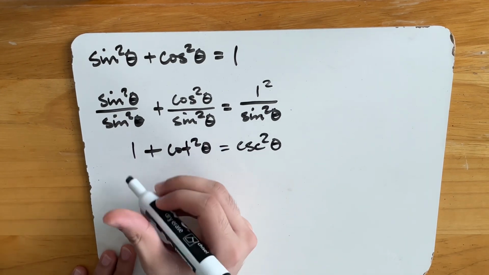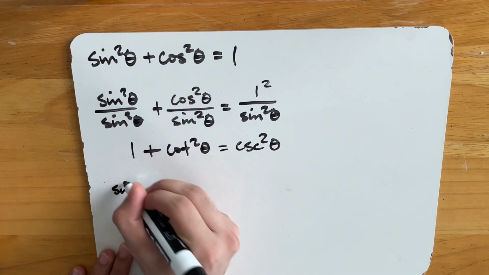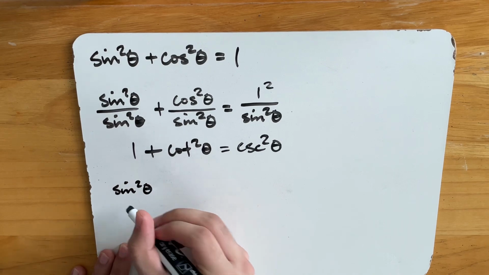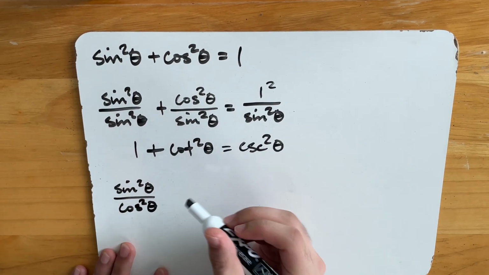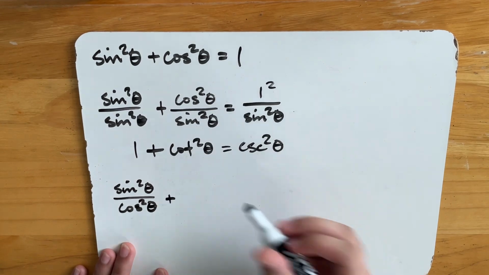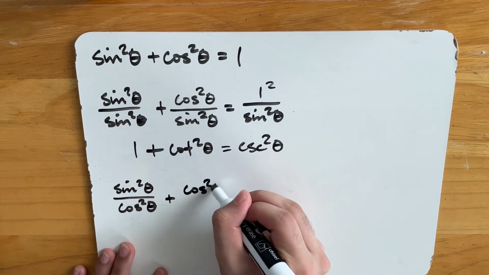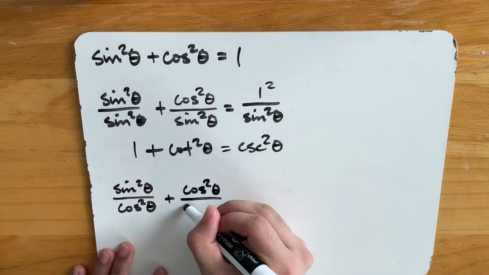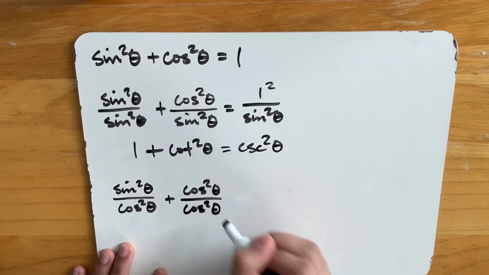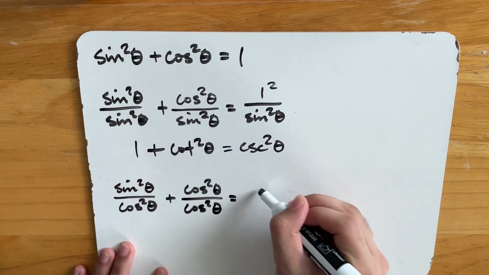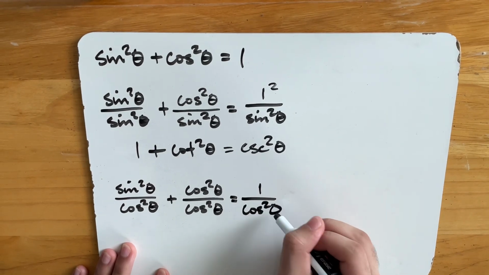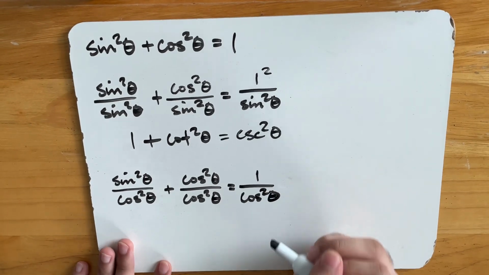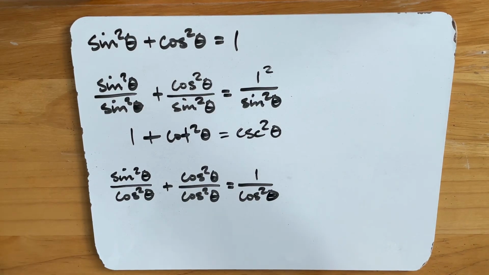We'll get sine squared theta over cosine squared theta, plus cosine squared theta divided by cosine squared theta, equals 1 over cosine squared theta. So we got that.